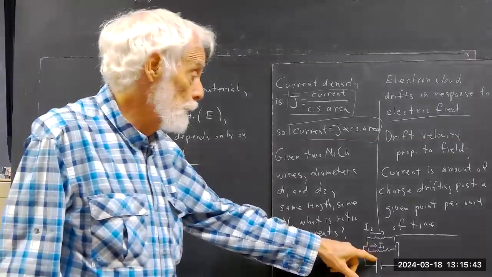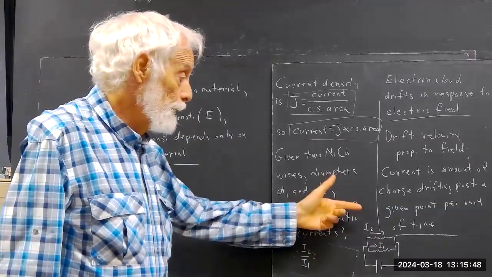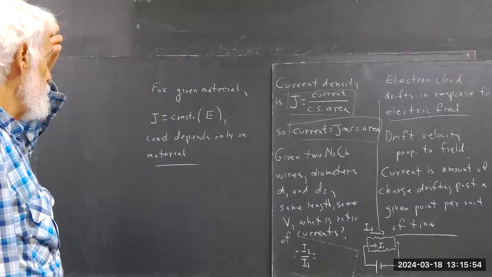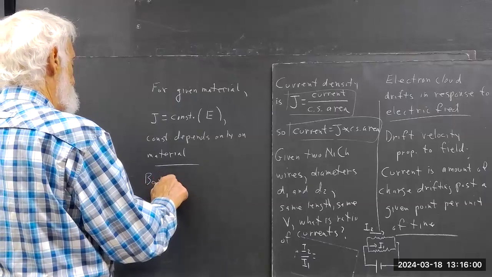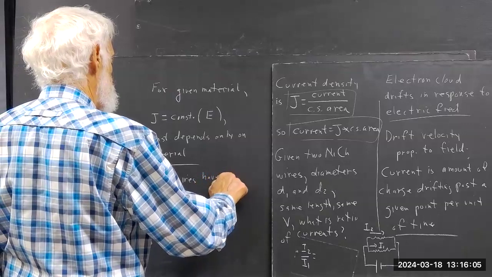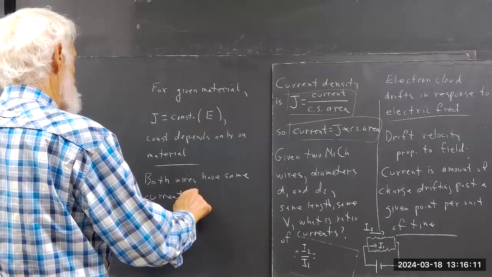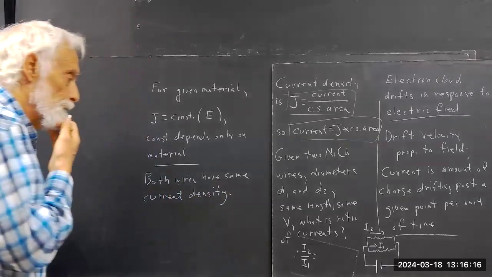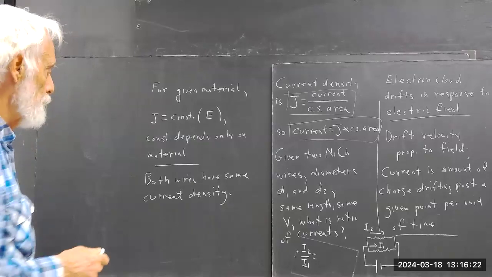It doesn't matter which wire we're in. So both wires have the same current density. So what's the ratio of the currents?